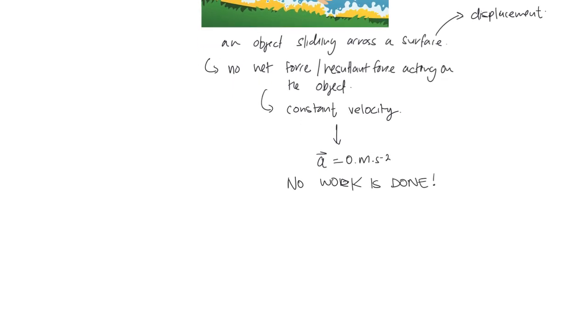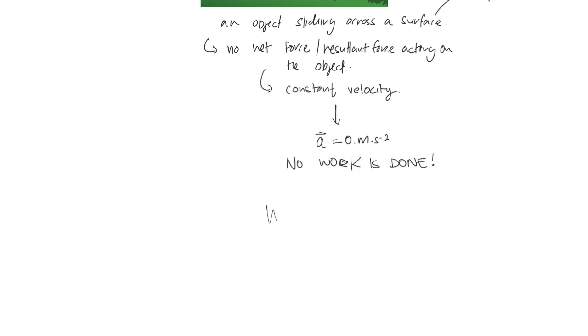I can show you how it would look if I said W is equal to F net delta X, and W is equal to F net, which is ma, multiplied by delta x. Let's make all the variables 1, for example, and the acceleration 0.